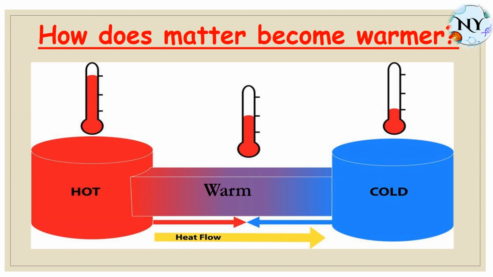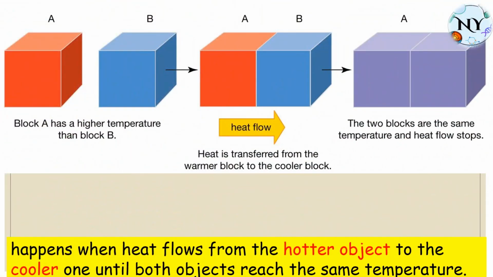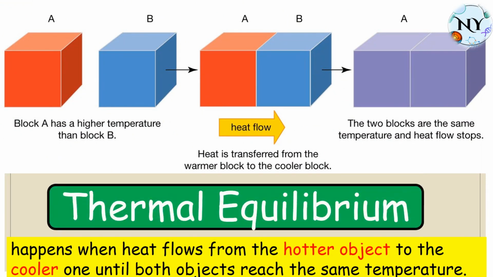All of that we know before. But until when? Until both of them become warm, or we can say until they reach the same temperature. This case is called thermal equilibrium.